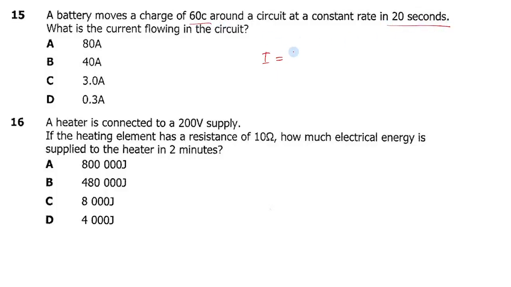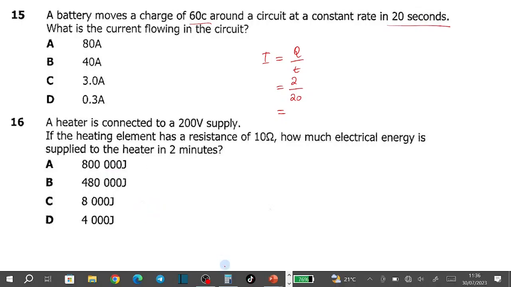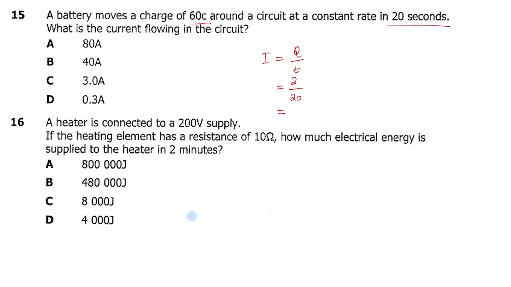Current is equal to charge over time. We substitute charge 2 divided by time, which is 20 seconds. 2 divided by 20 will be 0.1.